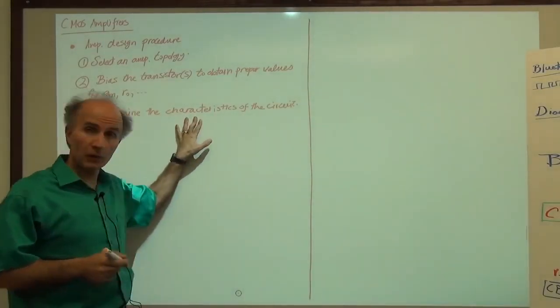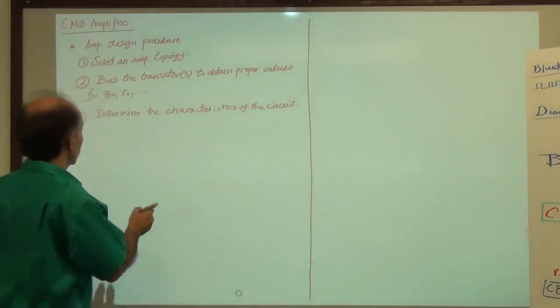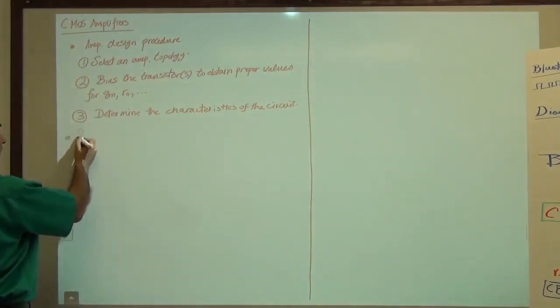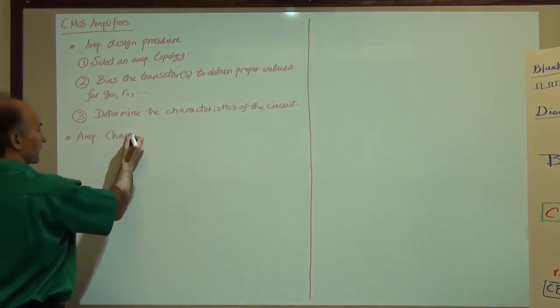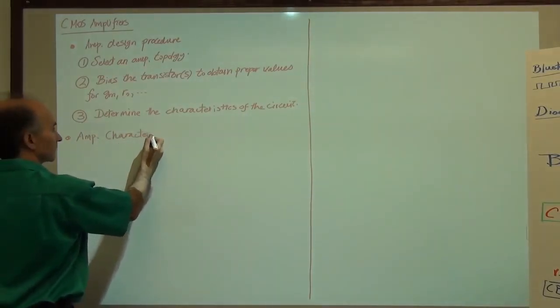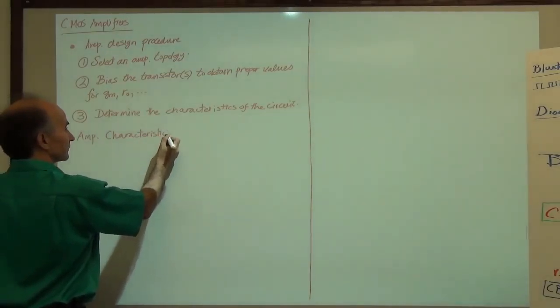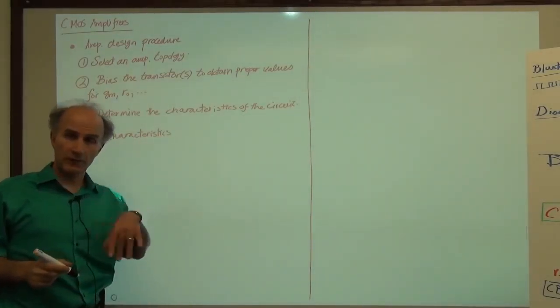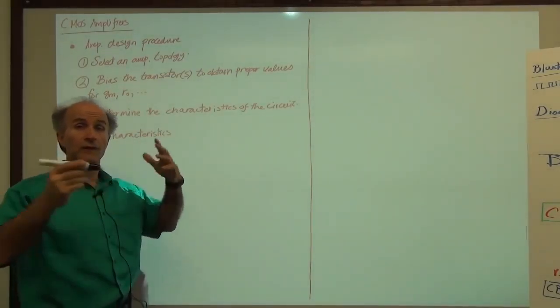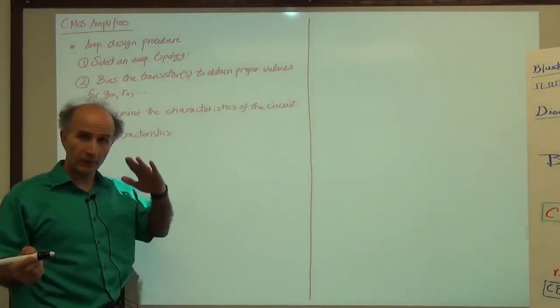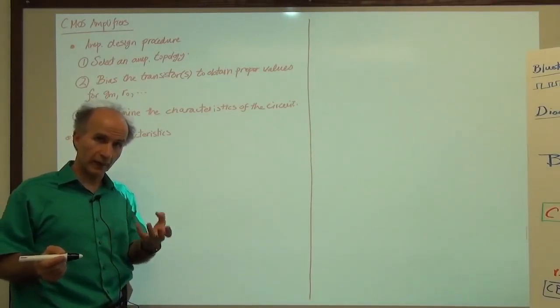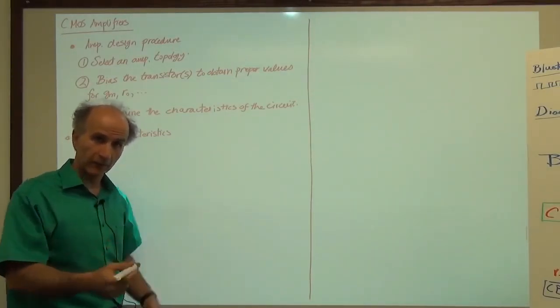But what characteristics are we looking for anyway? So here are the amplifier characteristics that we are looking for. Yes, only for the purposes of this course, because there are numerous characteristics that an amplifier might have to satisfy. But we have to simplify and simplify and simplify so that at least it's something we can begin with.